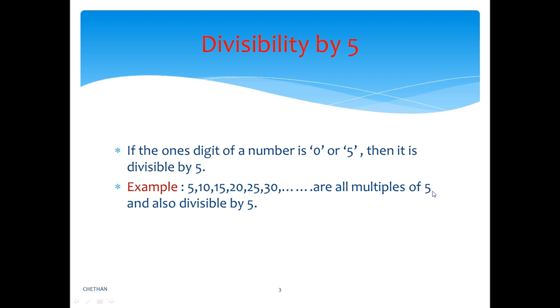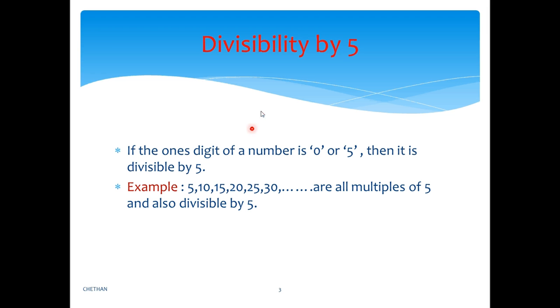These numbers are multiples of 5 and they have 0 or 5 in the unit place. In 5 there is only one digit and the unit place is 5. In 10, 0 is in the unit place, in 15, 5 is in the unit place, and in 20, 0 is in the unit place.